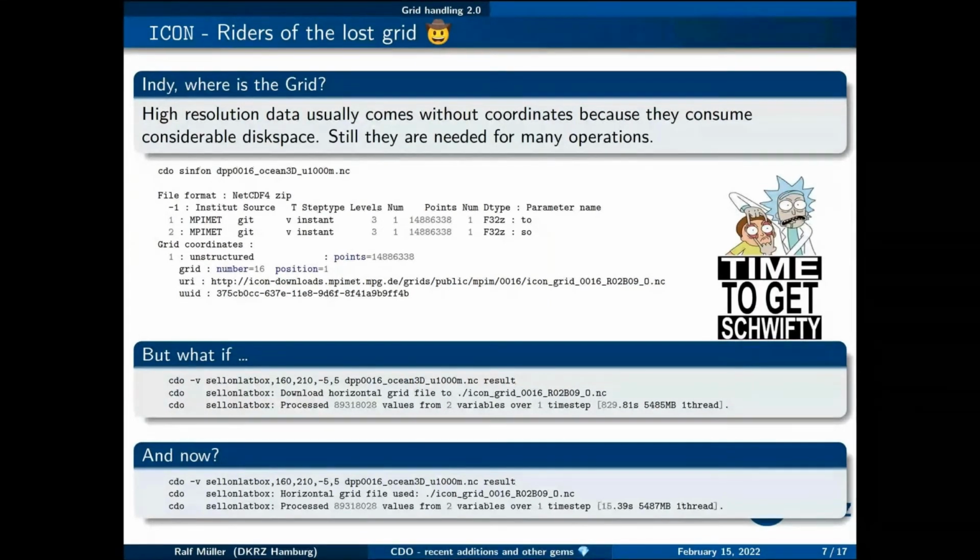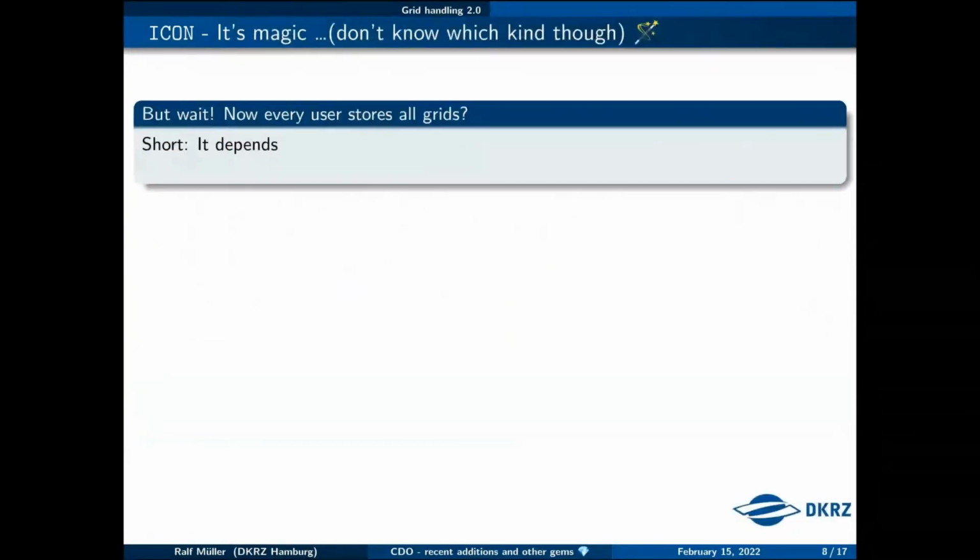But the problem is, should every user download all the files again and again? Probably not. That wouldn't be a really good idea, especially again if we talk about high resolution data. We still have all the redundancy that comes with a grid.